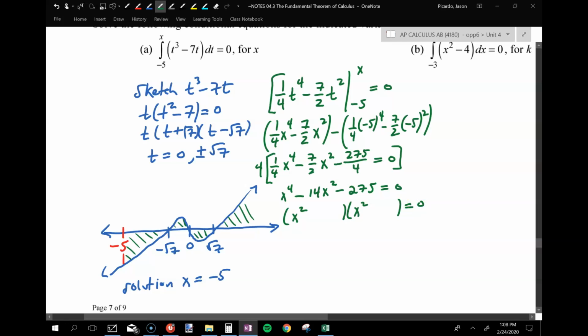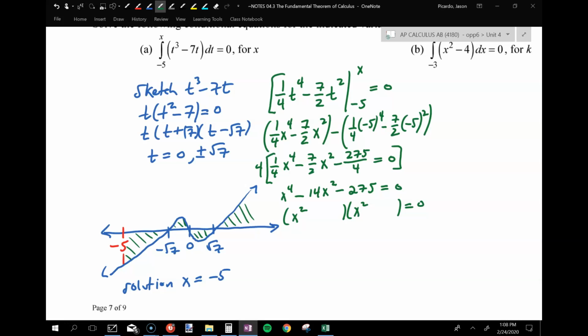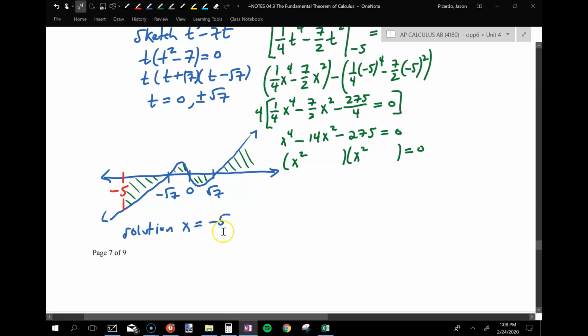Now watch this. You guys want to see how smart you are? Guys, I know one of the solutions is this, right? Well, if one of the solutions is this, what does one of the factors have to be? X plus 5, right? Well, there is no x plus 5. There's an x squared. Give me something that would give me an x plus 5 if I had an x squared.